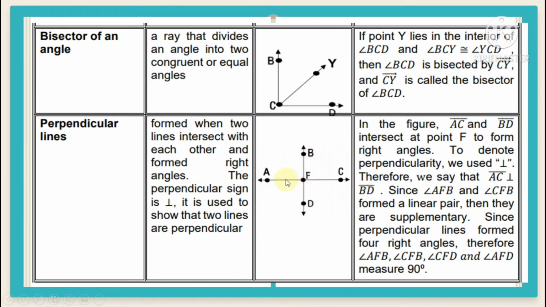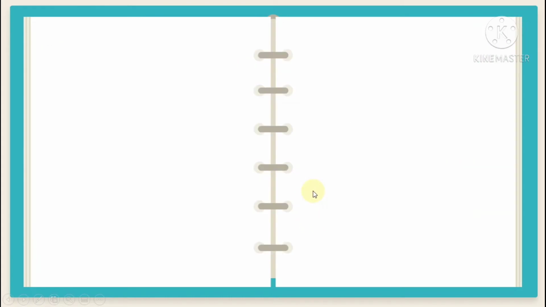Since perpendicular lines form 4 right angles, therefore, angle AFB, angle CFB, angle CFD, angle AFD, the measure of each is 90 degrees.